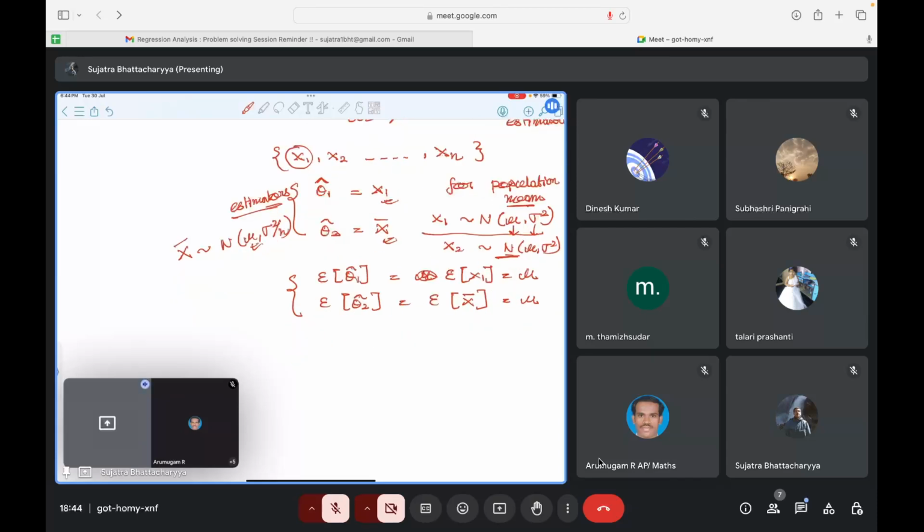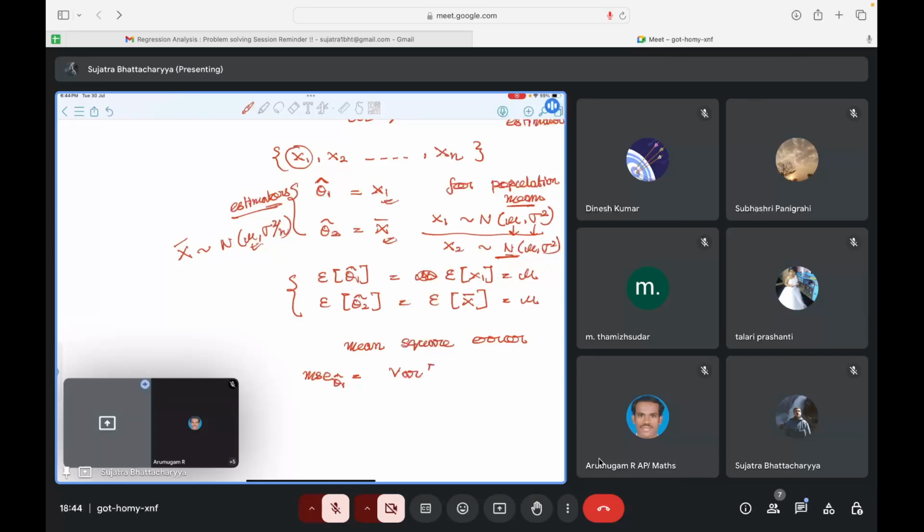But there is a condition to check. We check the mean square error. Through mean square error, you will be able to know that wherever the error is less, that is a better estimator for the population parameter. So let me show you what MSE represents. Suppose this is theta 1 cap.